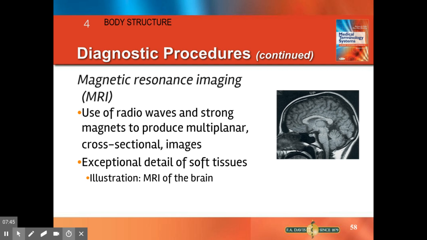An MRI, or magnetic resonance imaging, is the use of radio waves and strong magnets to produce a multiplanar cross-section of images. So when we talked earlier about the frontal plane or the coronal plane, the mid-sagittal plane, and the transverse plane, what you're looking at here on the right is a mid-sagittal image of the brain, of the skull, of the cranium.